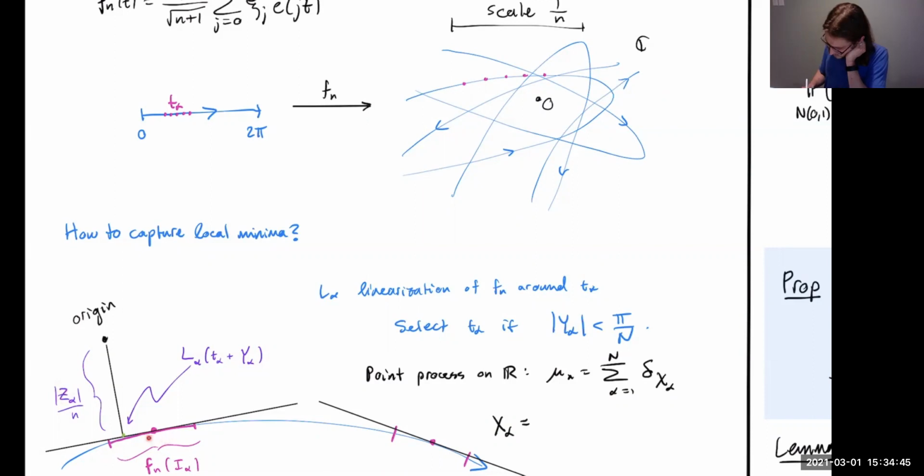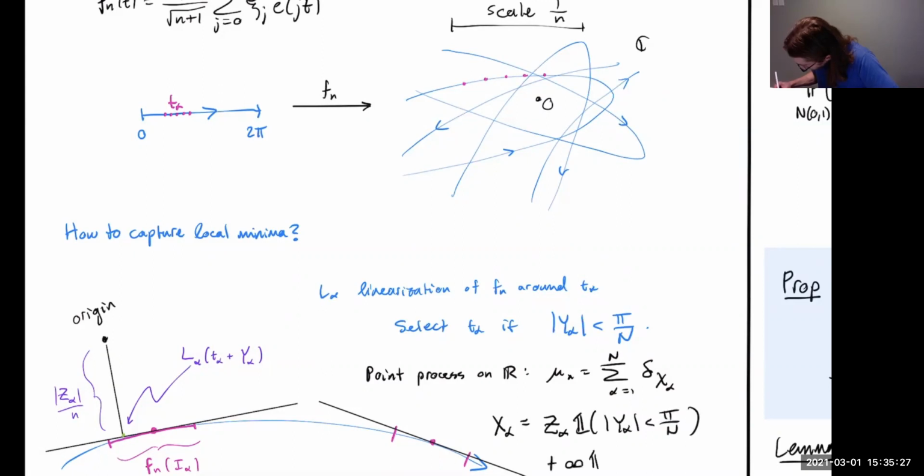The sign of Z alpha tells you whether this trajectory passes the origin on the left or the right, but it's not so important. It's just convenient to keep it signed. So the distance is modulus Z alpha over N, and we scale up by N to get an order 1 random variable Z alpha. You get a Z alpha for every alpha, but we just want to take that one if Y alpha is smaller than pi over N. And otherwise, let's just put the point out at infinity.